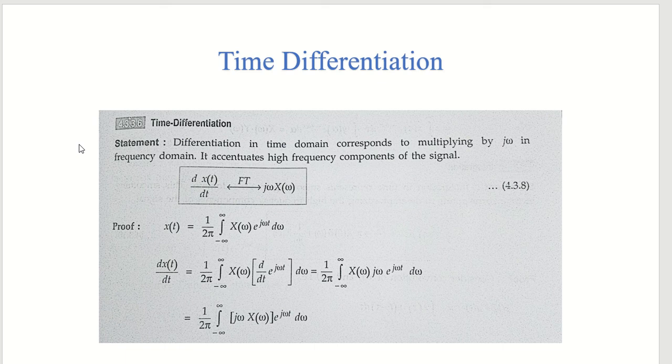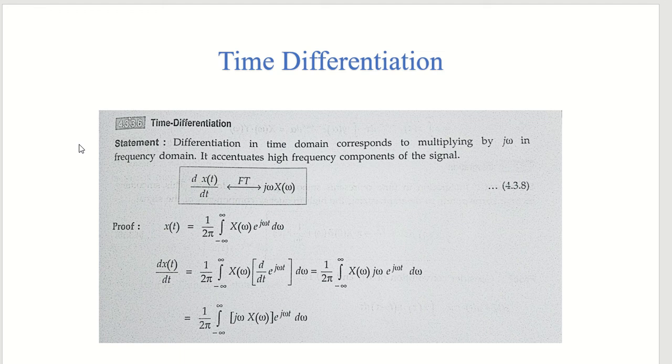So by taking this j omega out, what will you be left with? Let's take all the constant values outside. So we will have j omega divided by 2 pi integration minus infinity to infinity X of omega e raised to j omega t d omega, right?